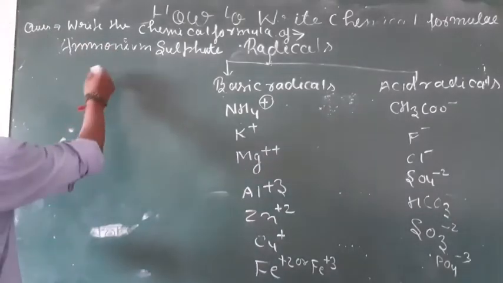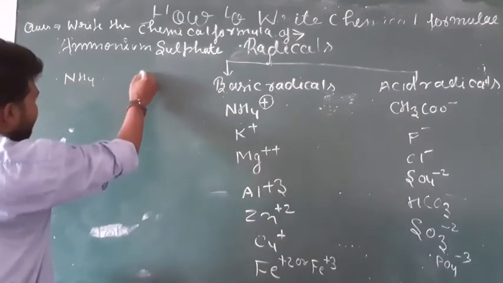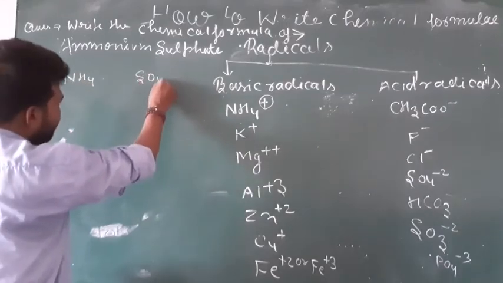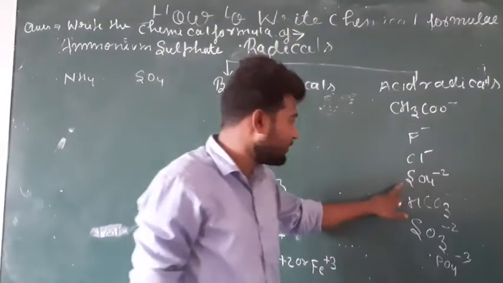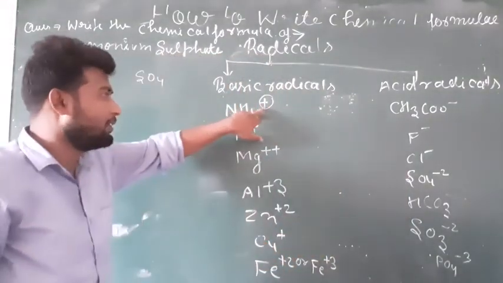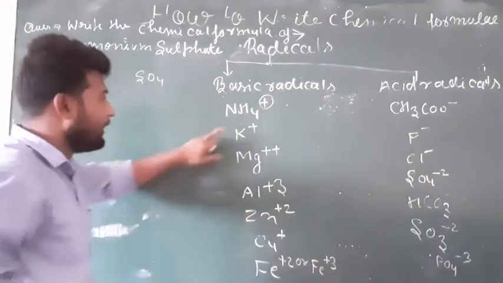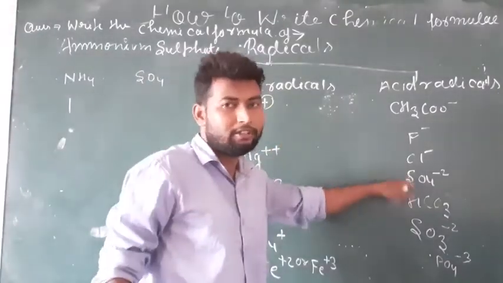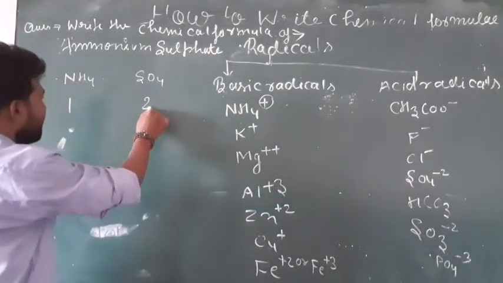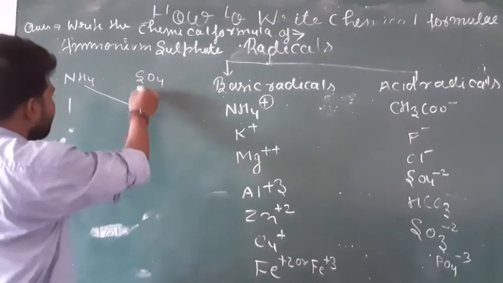So for ammonium sulfate, what do you write first? You write the symbol of ammonium and the symbol of sulfate. Here sulfate is given as SO4 with 2 minus charge. You know that charge is just similar to valency. So ammonium valency is 1 and sulfate valency is 2. Now interchange the valency.